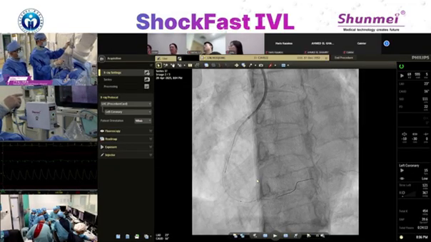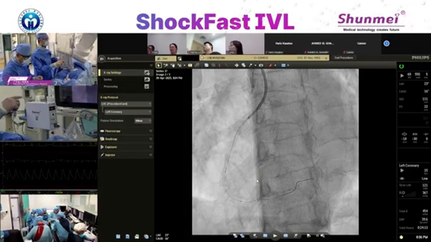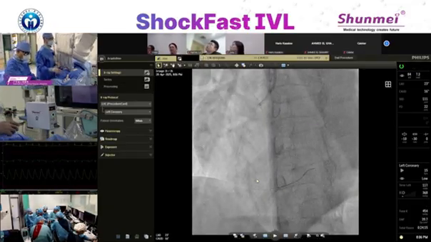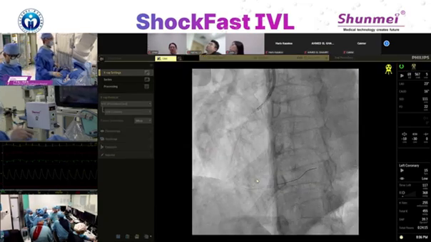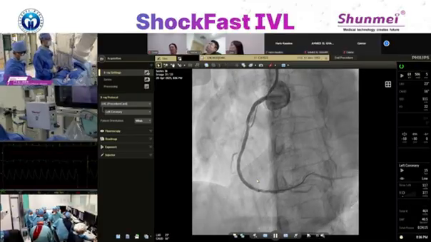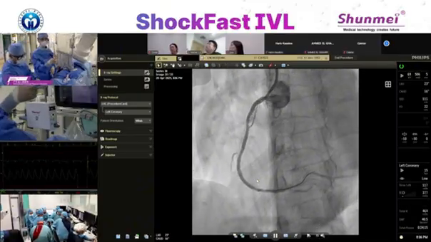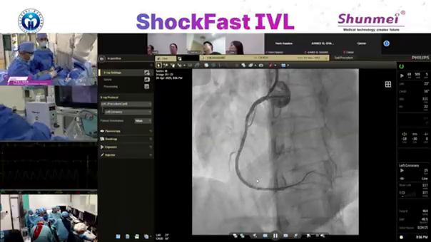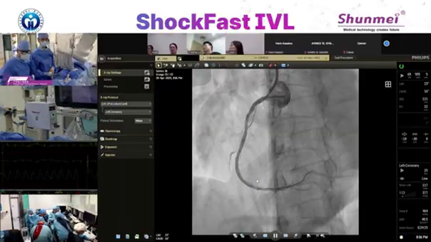So I think I'll try to leave it around, and stent the proximal and the distal segment. Okay.